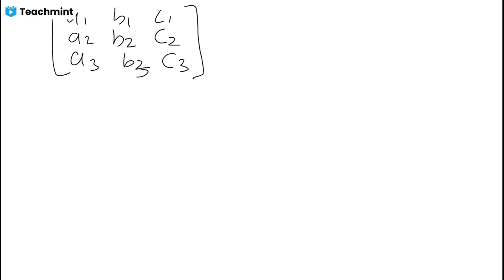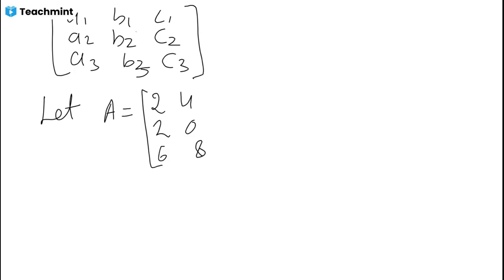Okay, so let us take an example. Let A be the matrix having elements 2, 2, 6, 4, 0, 8, 6, 2, 14. First of all, we need to check its determinant.